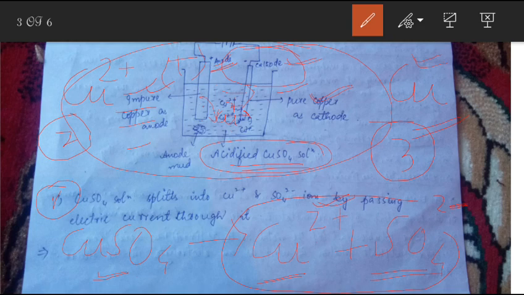In the same way, the impure copper, after losing electrons, will get converted into Cu2+ and will fall in this solution. From that solution, these ions will also get attracted towards the cathode, the negatively charged electrode.